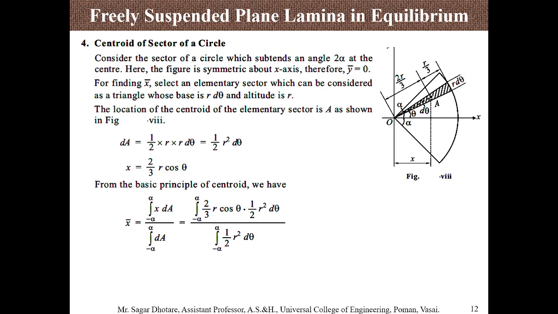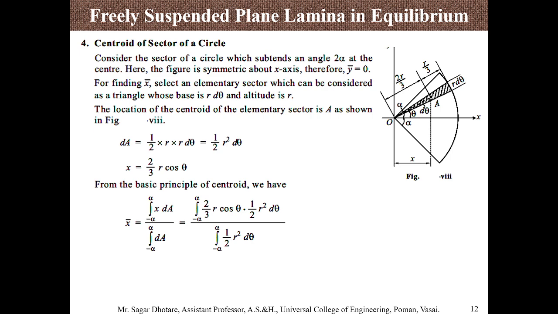Now next we consider a sector of a circle, that is a particular area only. You are not considering 3/4, one half or 1/4; we are considering a small angle, theta, between these two edges.